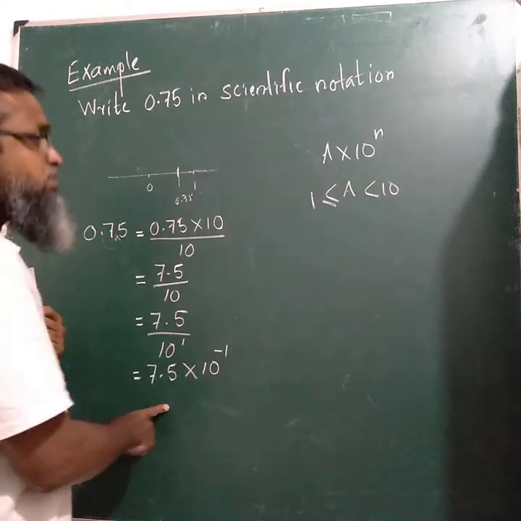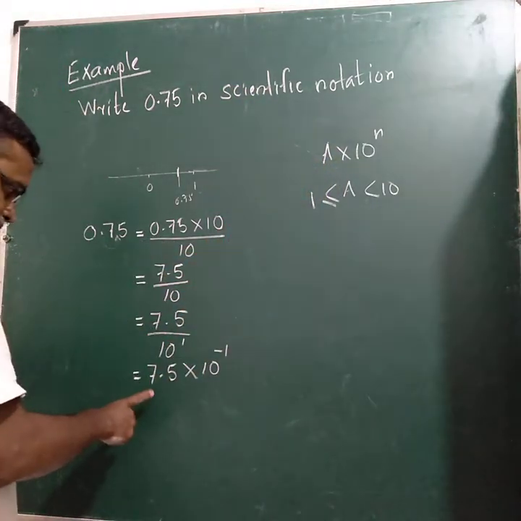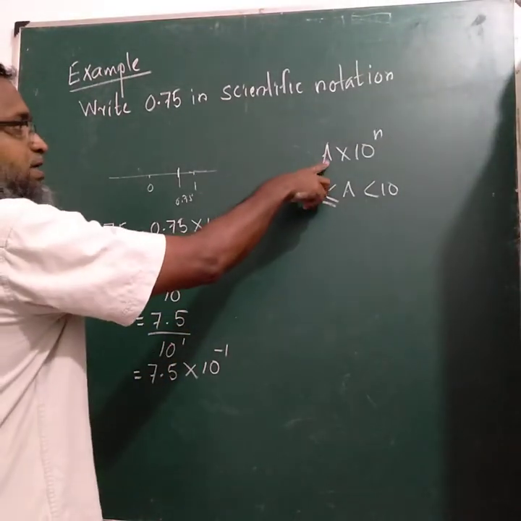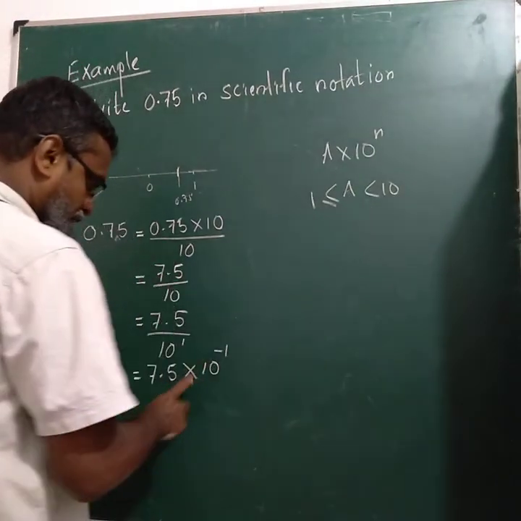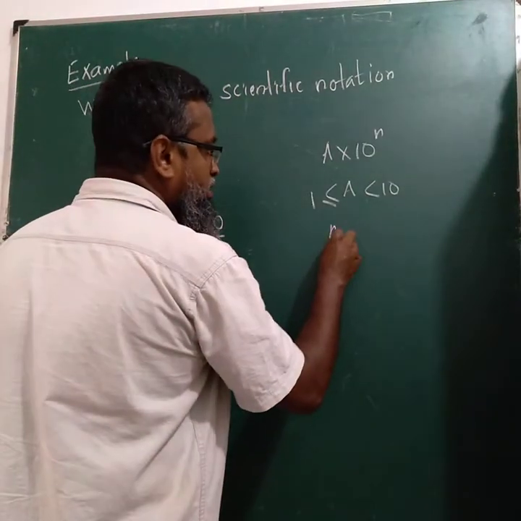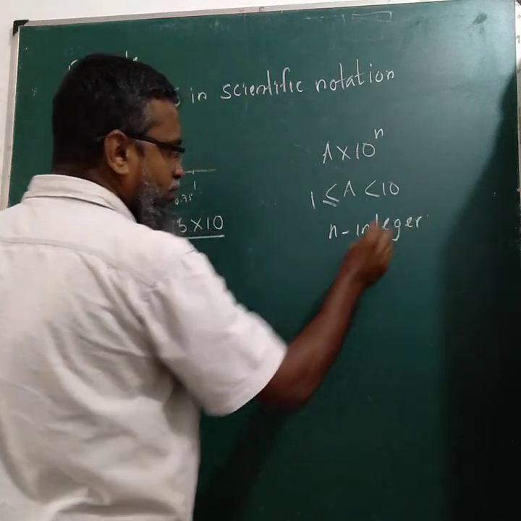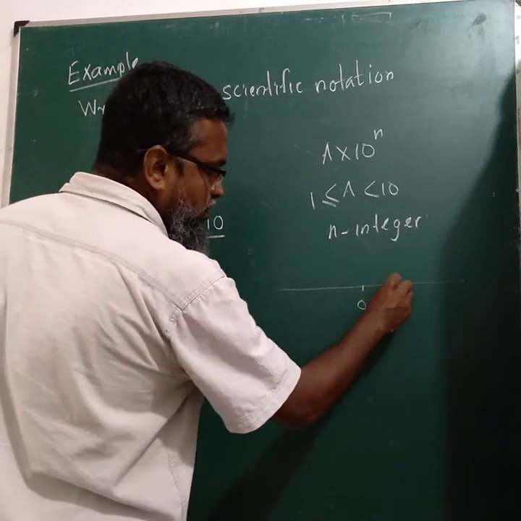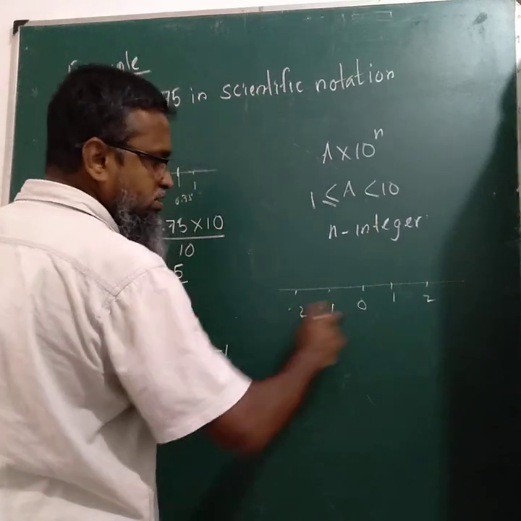So if you look at this, A is 7.5, that is in between 1 and 10, and n is an integer. An integer can be negative or positive. All the numbers 0, 1, 2, minus 1, minus 2, all these are integers.